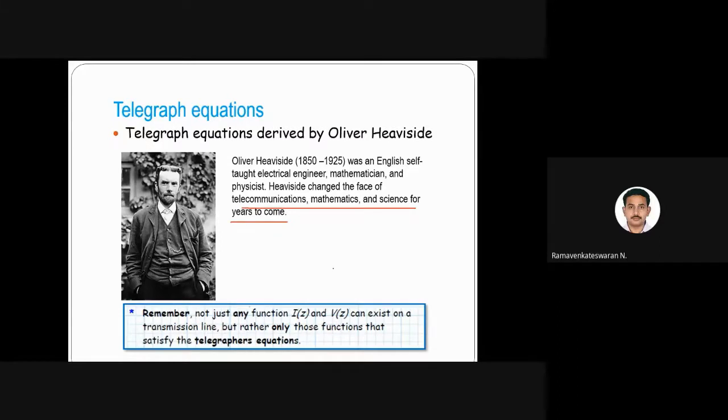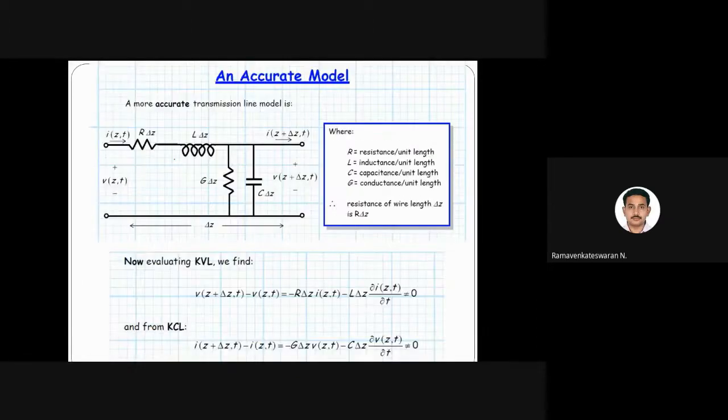Not any function will exist, but the function which satisfies the telegraph equations will be the solution for this lumped model of voltage and current. So closely observe these two equations.